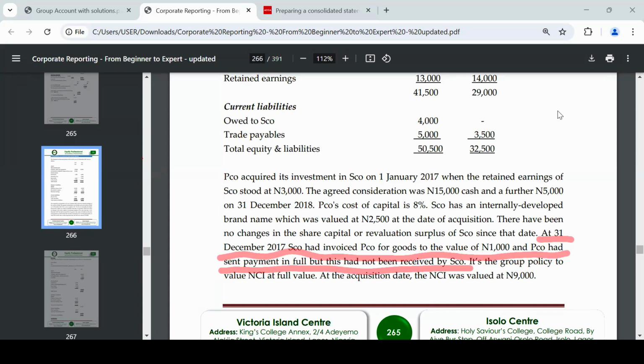It wouldn't be in payables for PICO, since they've already made the payment. So we're going to cancel out 1,000 from receivables, and to balance that, I might need to put it back to bank.